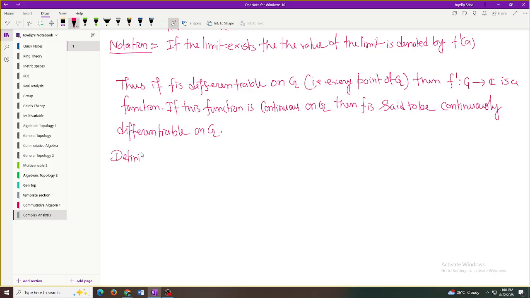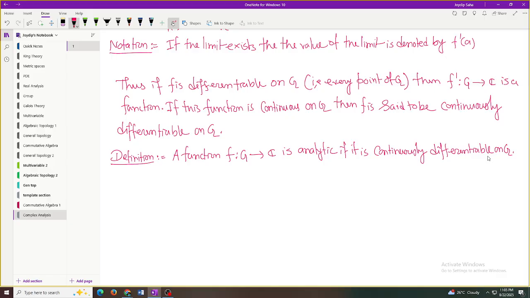Definition: a function f from G to C is analytic if it is continuously differentiable on G. If f is analytic, obviously G is an open set.